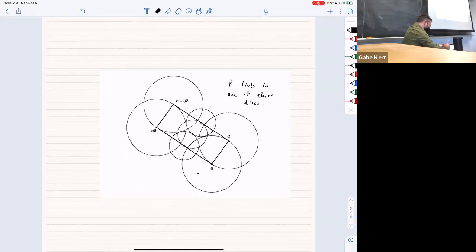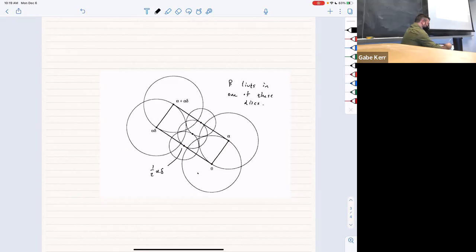Well, this point here is 1/2 alpha plus delta. And certainly if it's this point, we can subtract alpha and we can get to this point. If we subtract alpha from this point, we'll get to this point. So we don't need to really consider that.